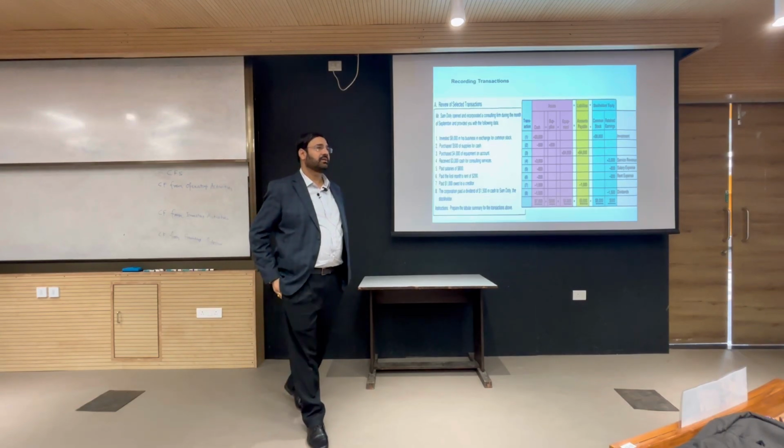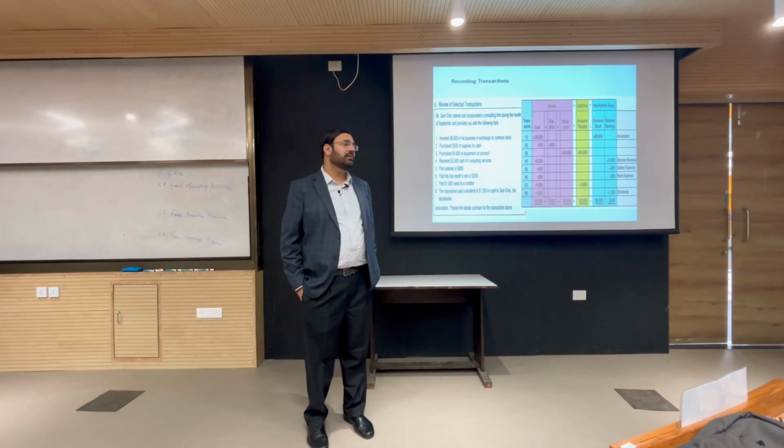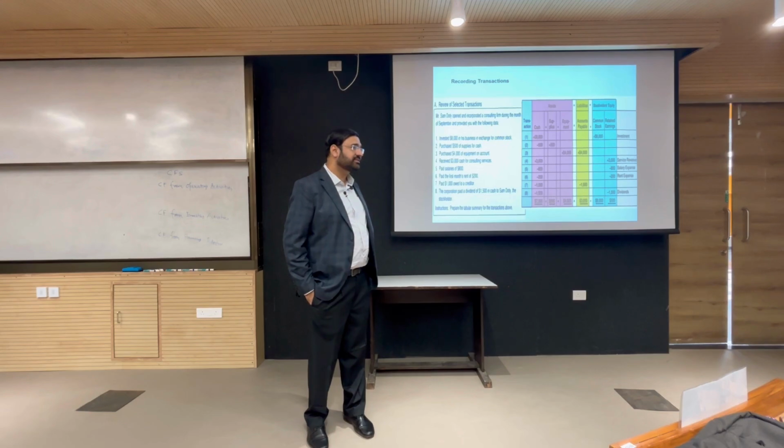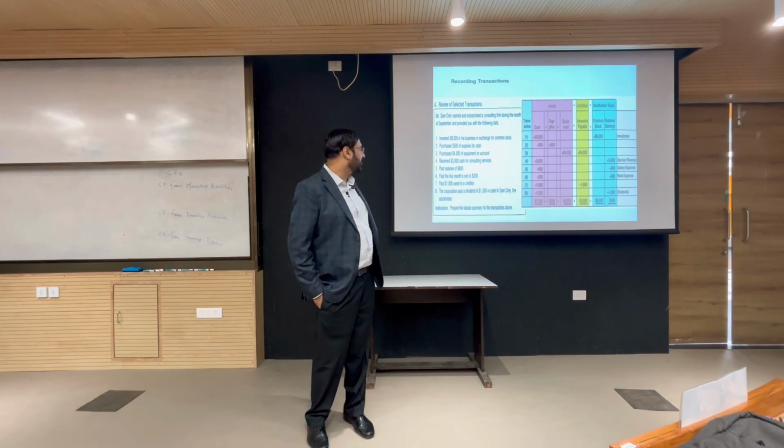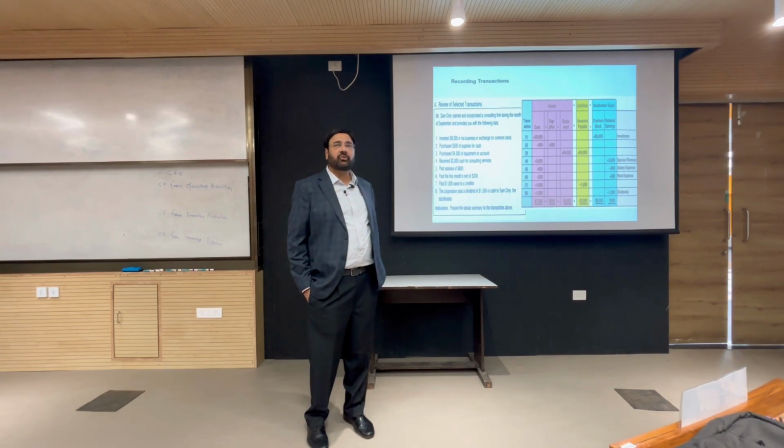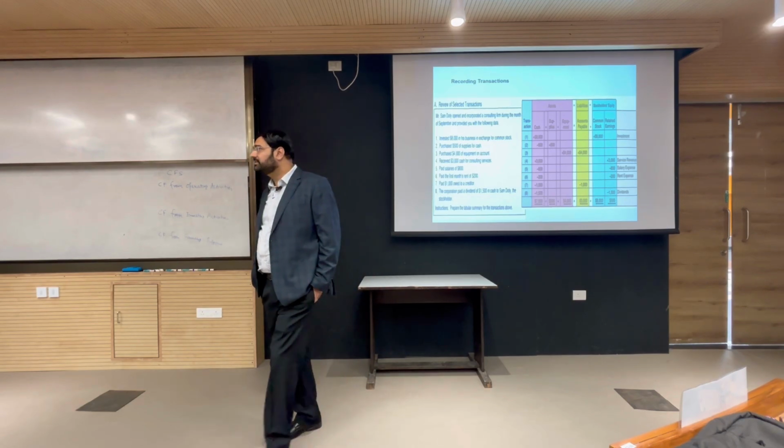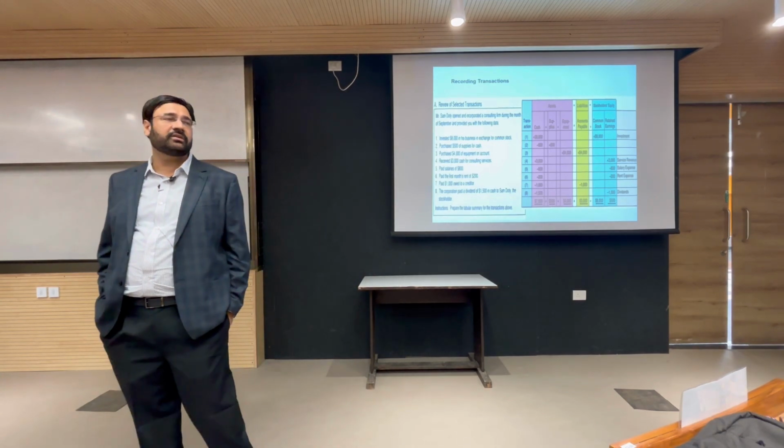If you buy part of it with cash and the rest with credit, how do you do it? It's coming. In point number three, purchased equipment on account: 4,000 on credit, no cash impact, and therefore nothing happens.